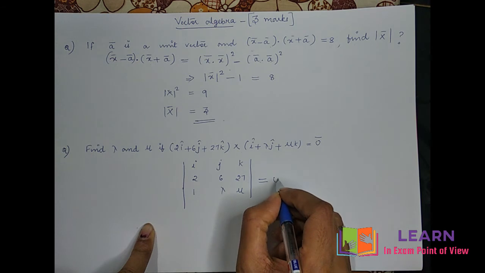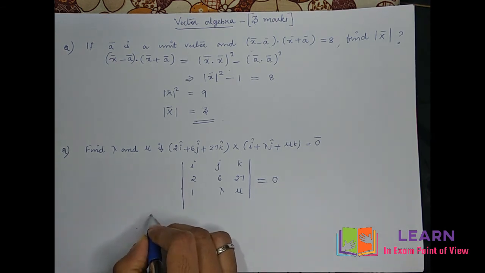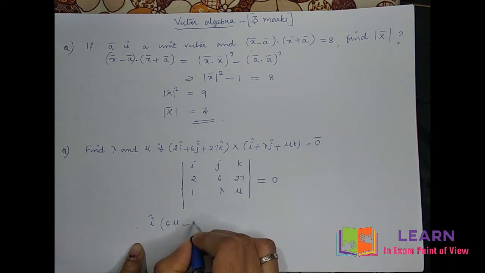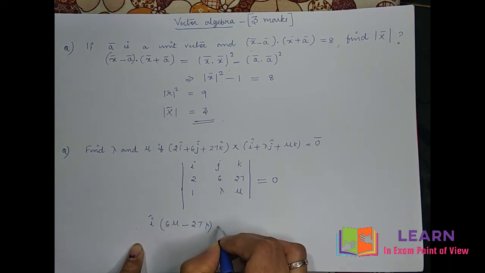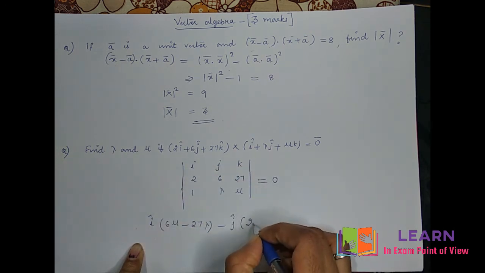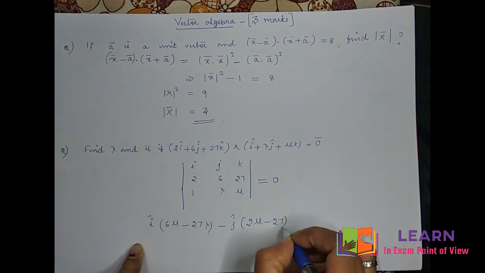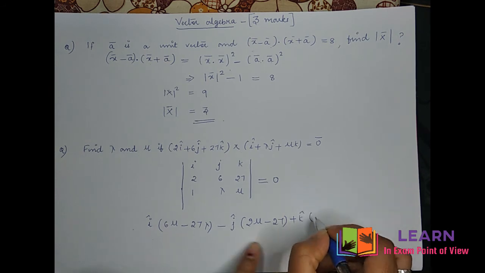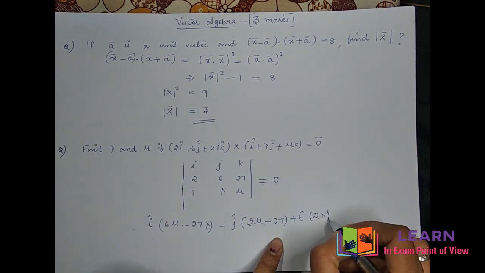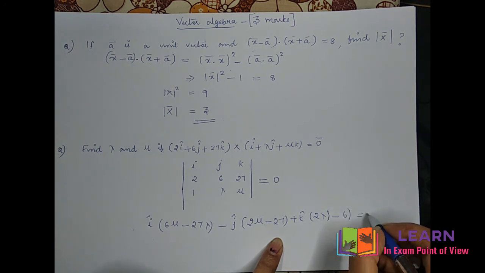This is equal to 0. That is i into skipping this row and column, you will get 6 mu minus 27 lambda, minus j into 2 mu minus 27, plus k into 2 lambda minus 6. This is equal to 0.